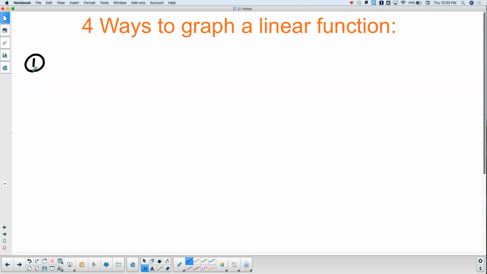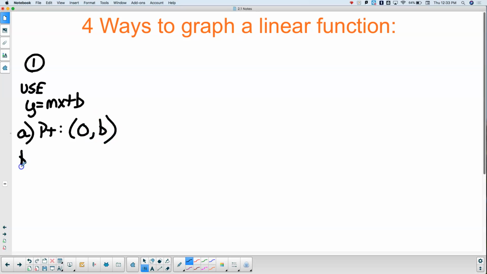Okay, so one way is I can use the slope-intercept form. So you would first do what? Start with a point 0, comma b. Okay, then what?